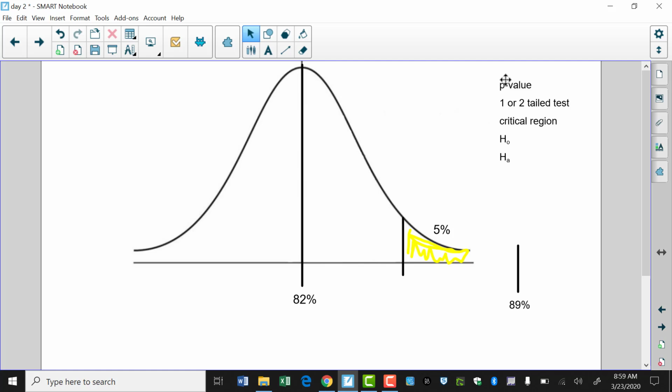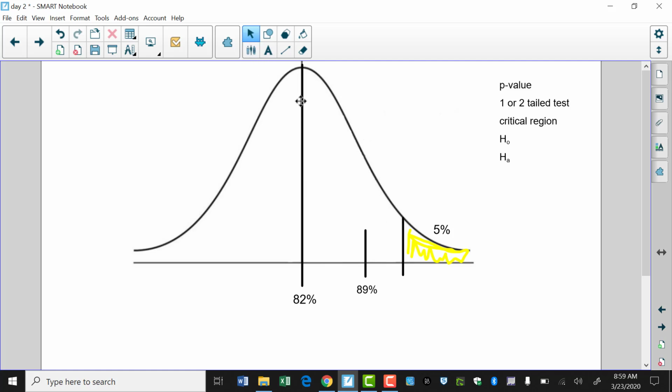So the p-value, and don't worry about all the calculations. I'm going to show you how to do the calculations later, but I want you to understand the concept first. The p-value is the probability of this happening, and we're going to set up a critical region. So let's say we get 89% for our sample. Let's say, for example, this percent is around 15%.